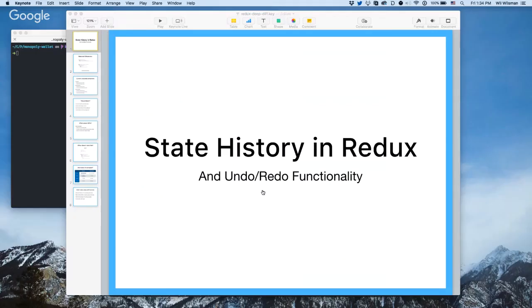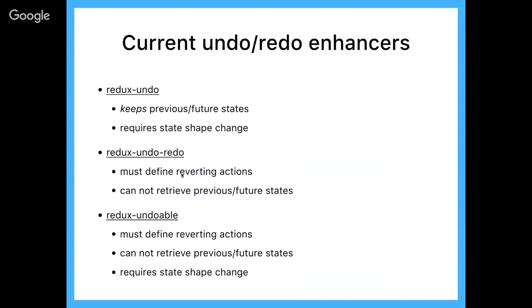These other undo redo enhancers actually work with actions, and you must define a reverting action to undo actions. They don't store state, so you can't retrieve those previous and future states unless you have some other store that only gets the old history from those actions they save. Redux undo redo actually has a whole separate smart action thing it uses, so I'm not going to glance over that.